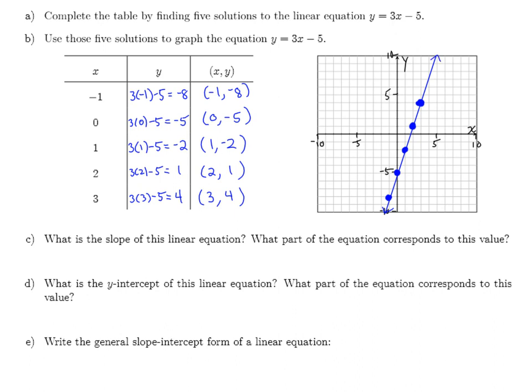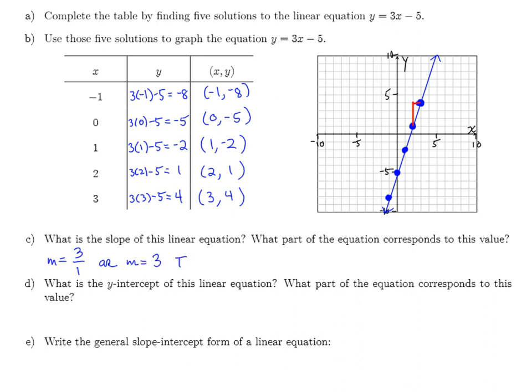Looking at the graph, we're asked what the slope of this linear equation is. And so I'll make a slope triangle. Going from one point to another, I go up 3 units and right 1 unit. So the slope that I can see is a ratio of 3 over 1, or I could write that as m equals 3.